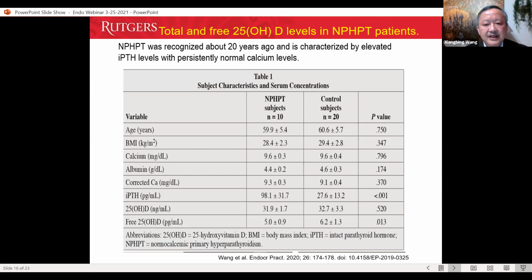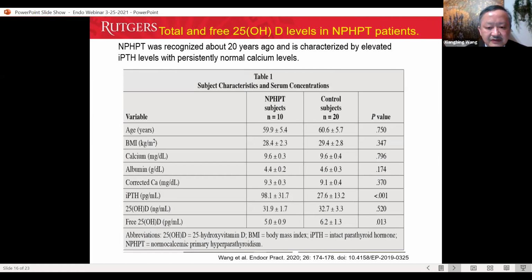So we compare the normocalcemic hypoparathyroid patients with the control.